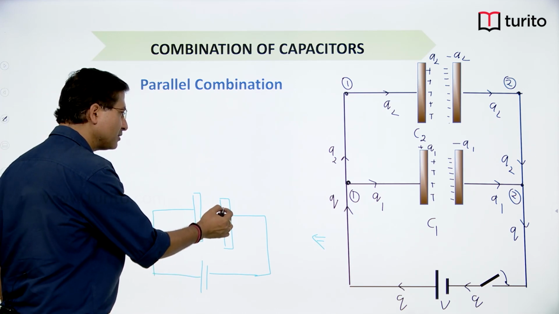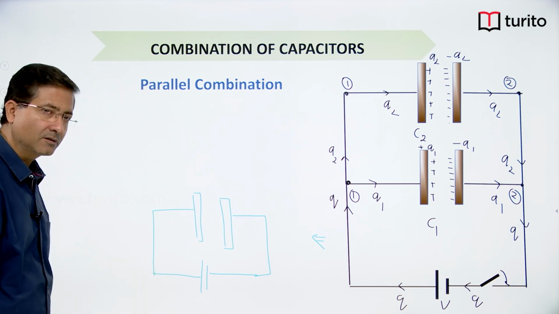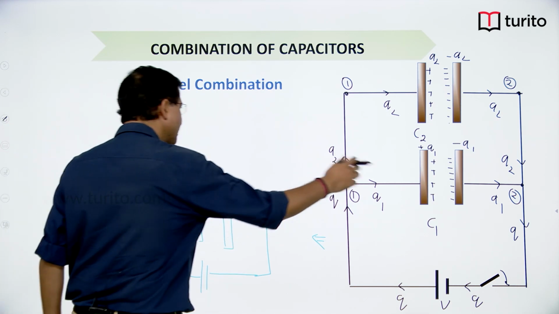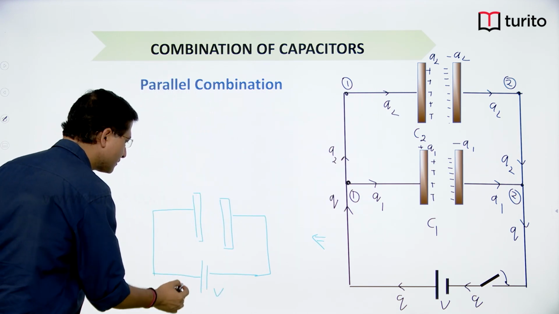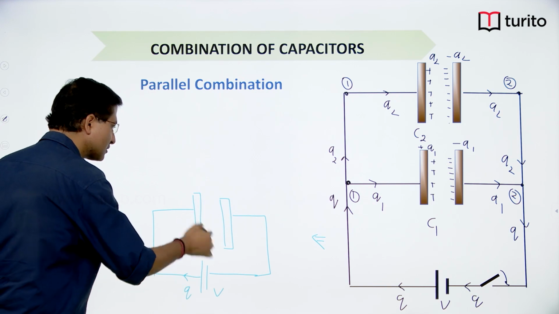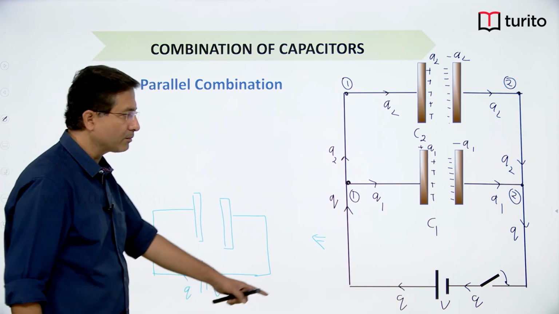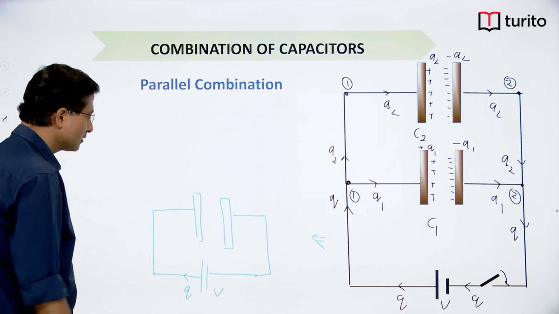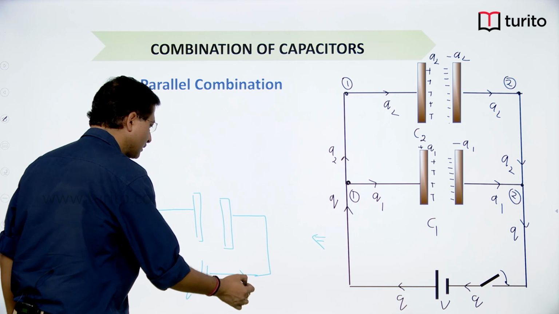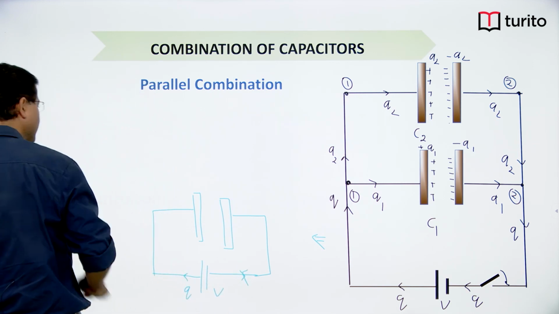So I am in search of a capacitance which gives me the same effect as given by these two in combination. Effect means this capacitor draws the same charge Q as drawn by these two in combination. So Q charge will be given to the arrangement and it will be received back by the negative terminal of the battery.